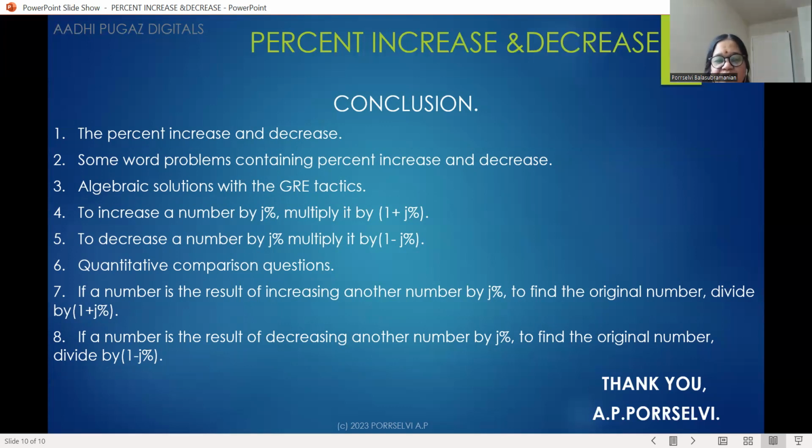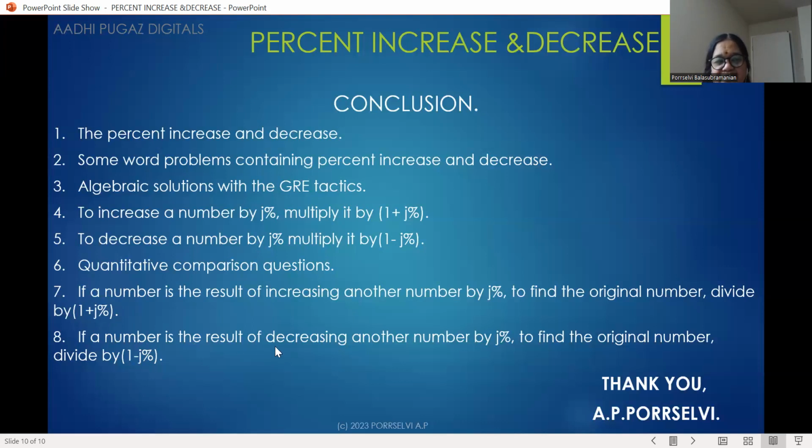Then we saw some quantitative comparison questions also. At the end, we saw that to find the original amount or base value, we divide by 1 plus j percentage, whatever unknown percentage is indicated in the question.